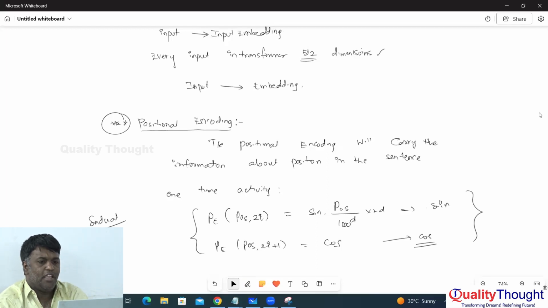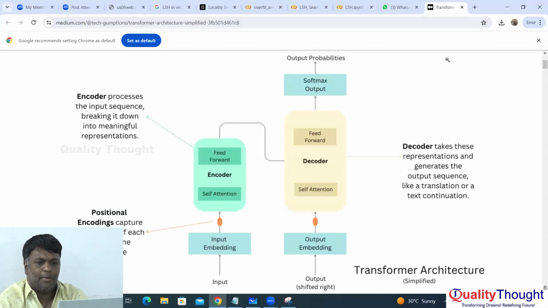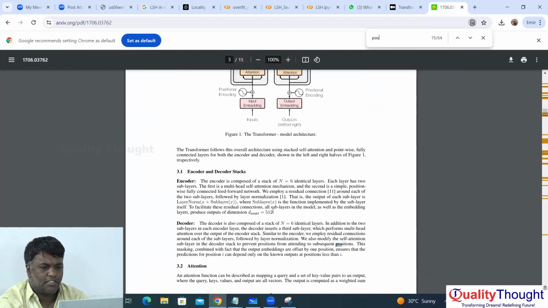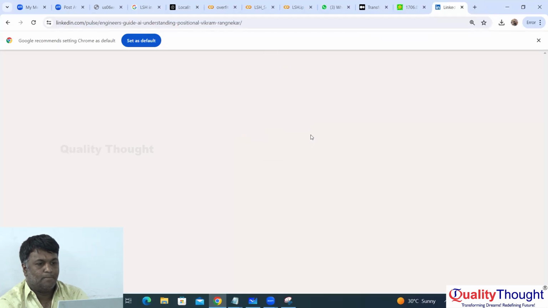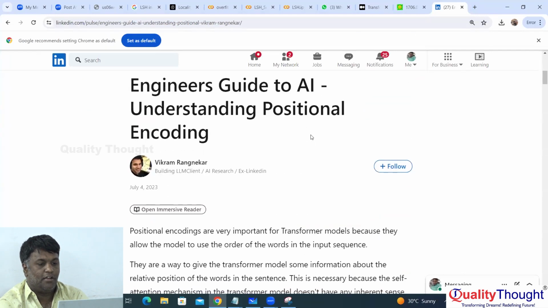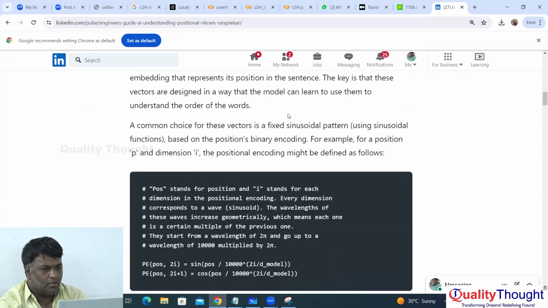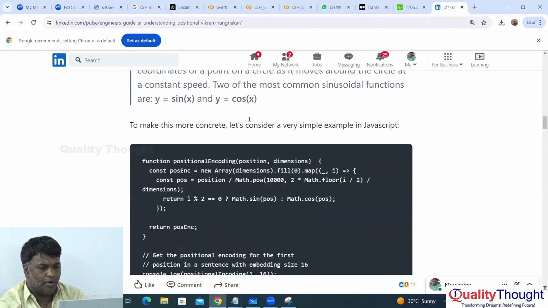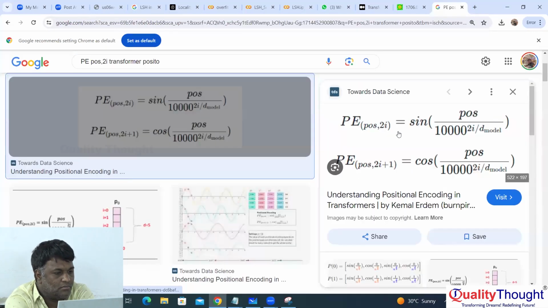Now we will go to the Attention Is All You Need paper. This paper uses 512. You are not assigning the position with a default; you are assigning 10000 to the power of 2i by d_model.